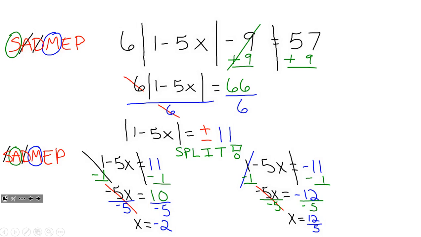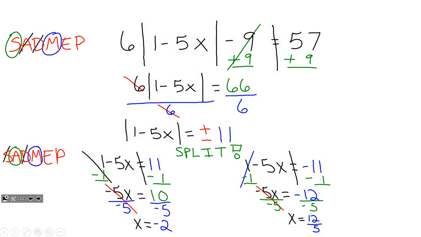After we simplify everything, we notice that we have that 6 in front of our absolute value bars. And again, that would almost be like having 6 in front of a set of parentheses. It's like saying 6 times whatever's inside those absolute value bars. So the opposite of multiplication is division. Okay, so we had to divide by 6. The opposite of multiplying by 6 is to divide by 6.